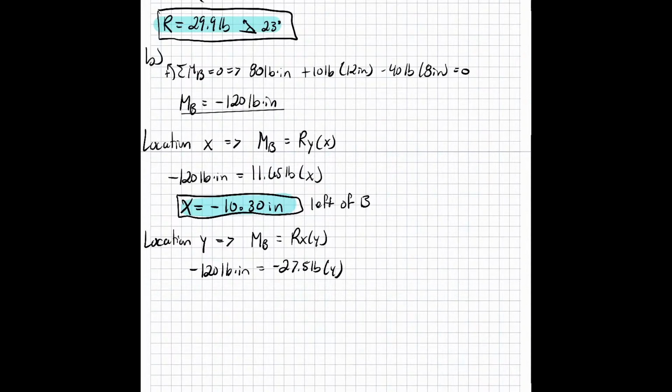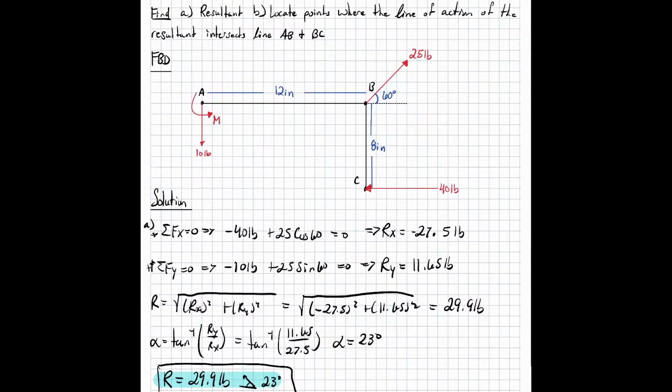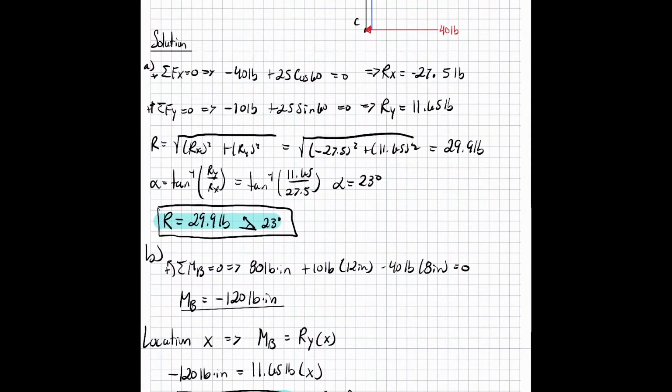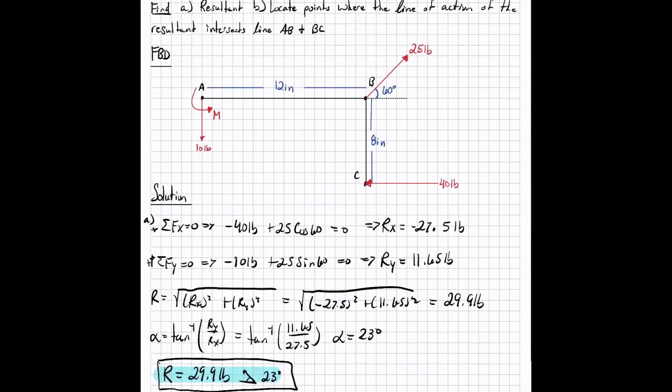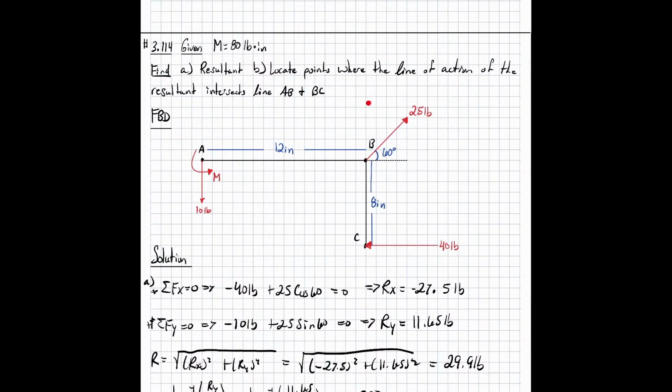Now this is going to be a positive value when you actually get the number to come out, but we know we cannot actually go positive because of our diagram, since it'd be up here off of the entire diagram, so that's not going to work. So we know it has to go down. Solving that out, we get y to come out to 4.36 inches, and that's going to be below B. Even though it was positive, we had to go below B, because we cannot go off of our diagram.